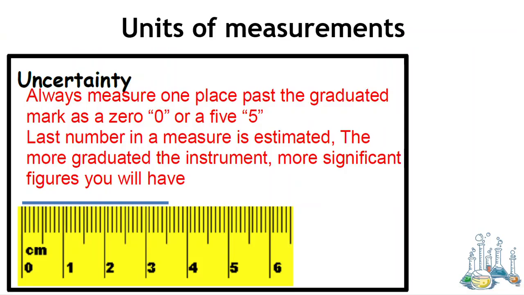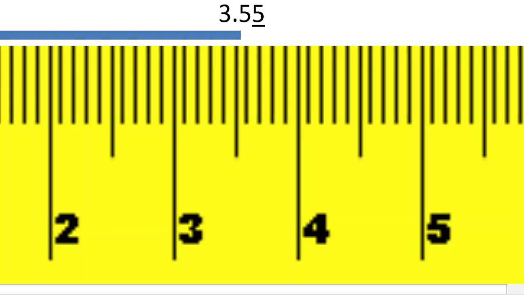Here's the way we do it. What we say is that you will always measure one place past whatever the smallest graduated mark is. And you will decide that that one place past is a 0 or a 5. In other words, you have to add an estimated 0 or 5. Now, if you go back to that line and look at it, it clearly crosses the 3 centimeter mark. This right here would be the 3.5 centimeter, which means I have to go 3.5 and then I have to estimate.